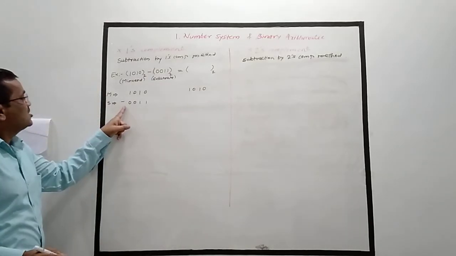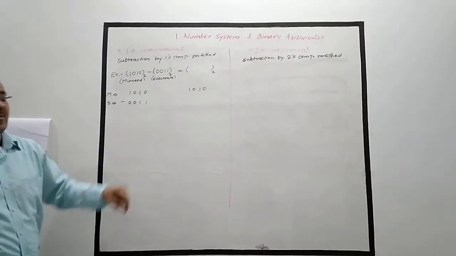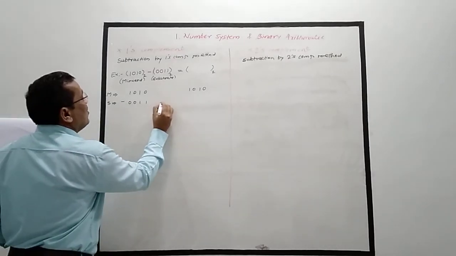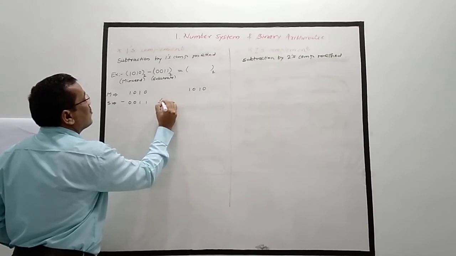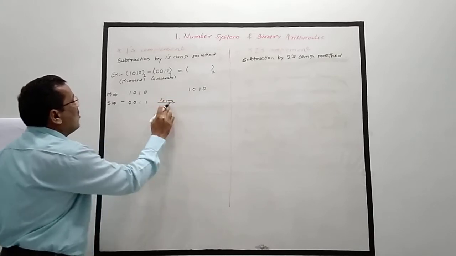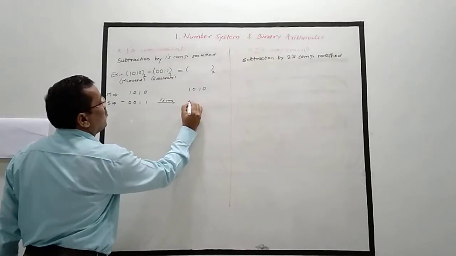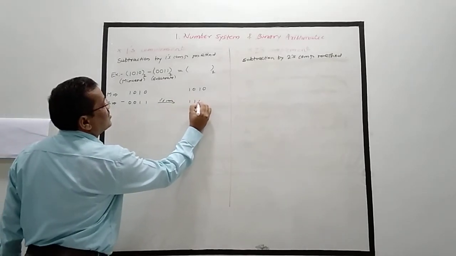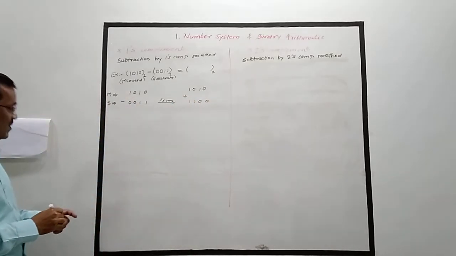Now the subtrahend is converted into its 1's complement, which is 1100. Now the sign changes.